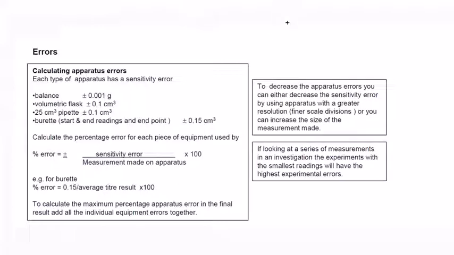For example, if you are using a burette, and the original volume at the start of the experiment was 10.2. Once you remove some of the liquid, the volume will decrease.